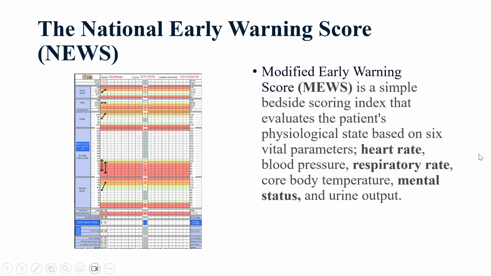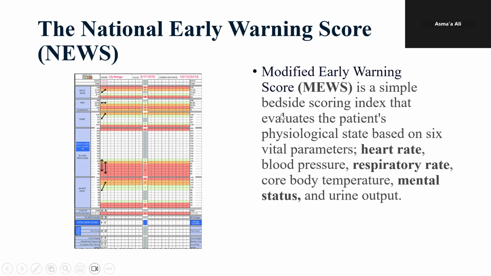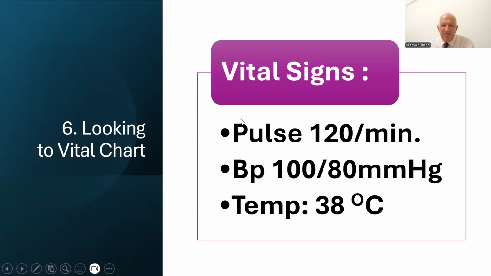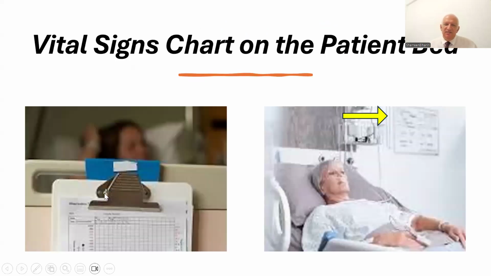We don't ask the examiner to give a sphygmomanometer and stethoscope to measure the blood pressure. No need to count the respiratory rate. The chart is there, so you don't need to do that because it is not important. We don't test you on how to measure blood pressure.